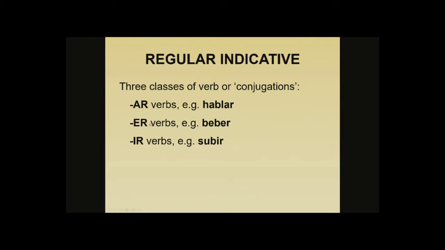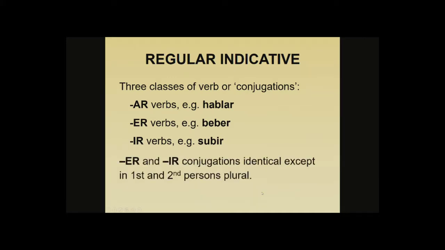And so in most of the forms, certainly in the present indicative, you'll see that the conjugation vowel for the IR verbs is really an E. But anyway, the basic principle still stands. You've got these 3 classes defined by the conjugation vowel, A, E, or I.